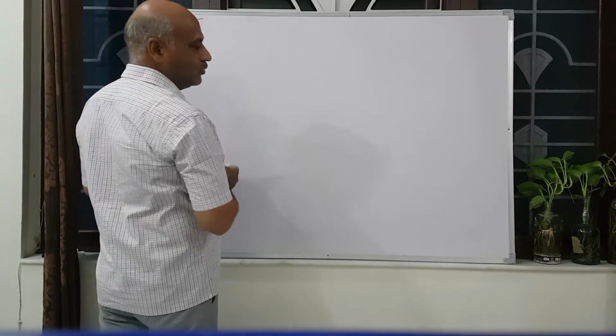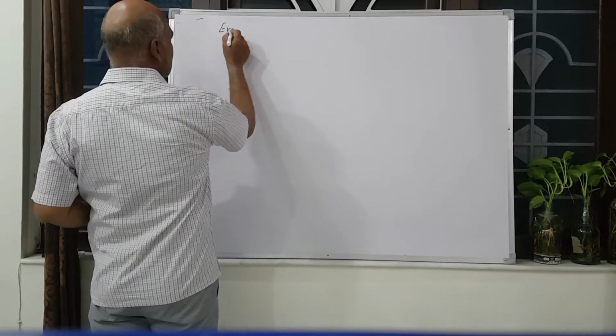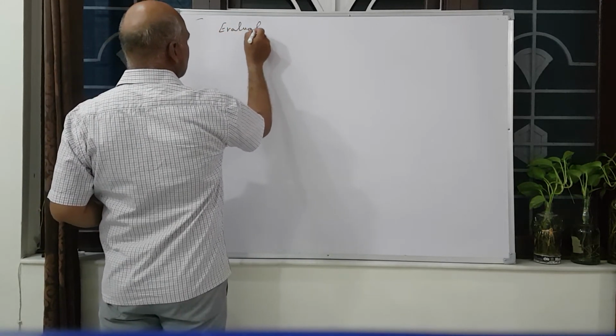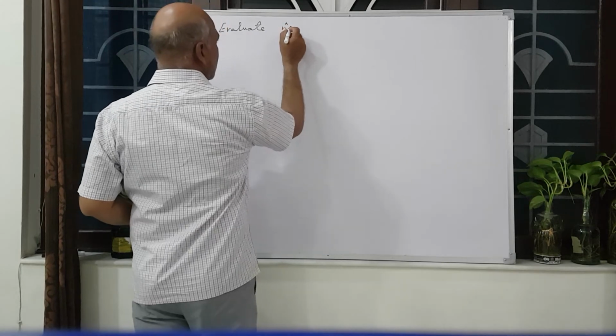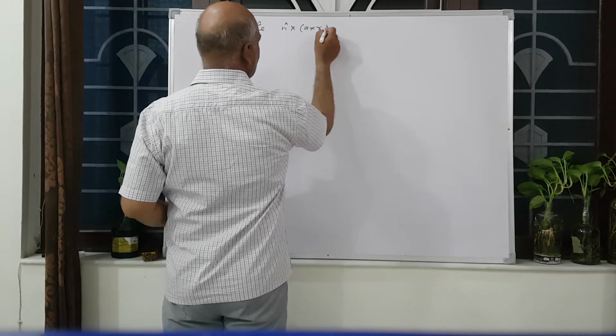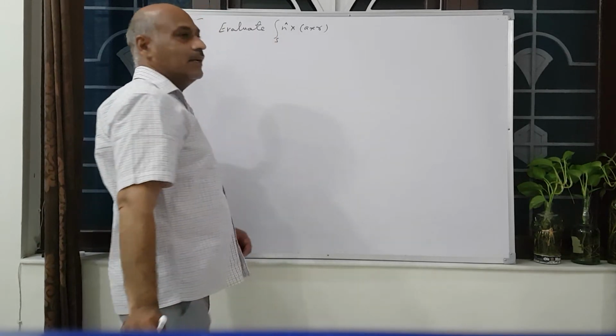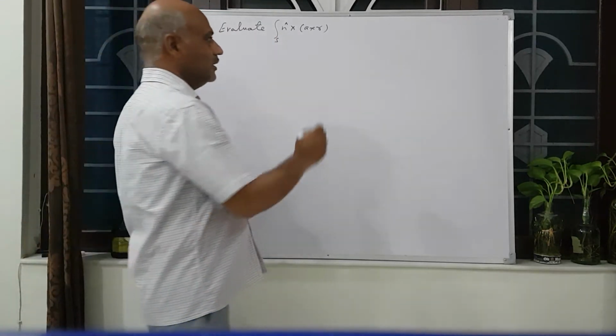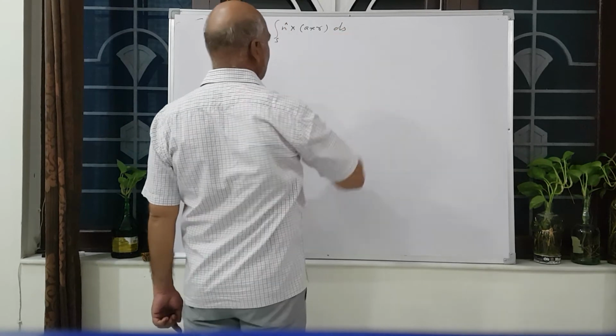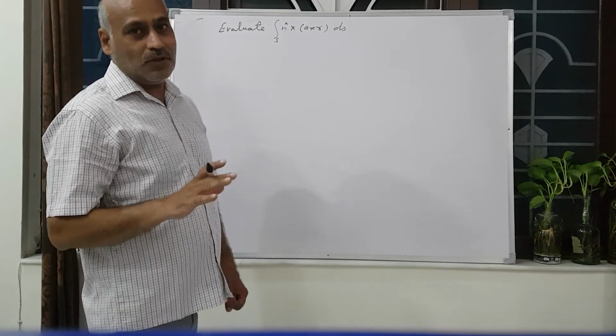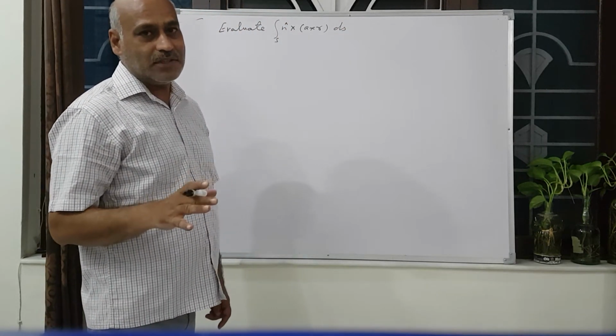So now we have to evaluate another one: n cap cross A cross R ds. F dot n cap ds is the divergence theorem, dV.